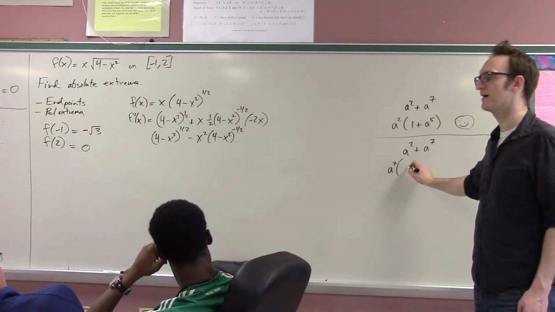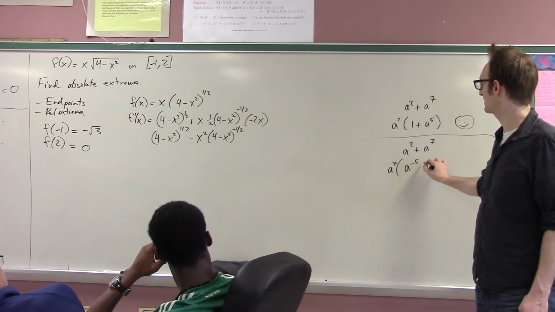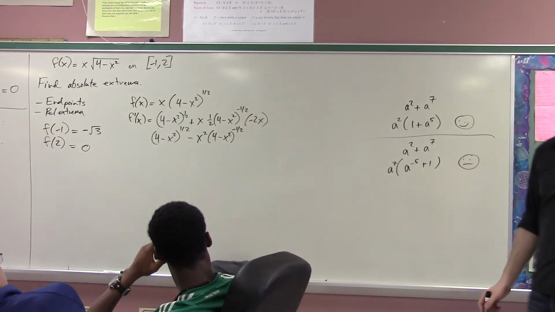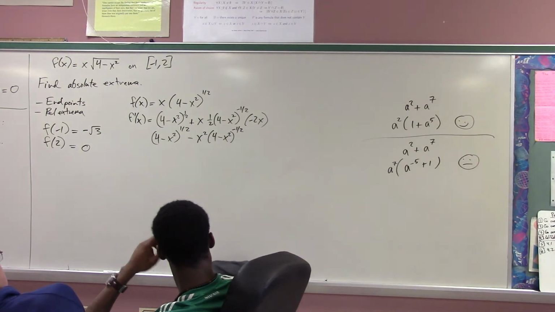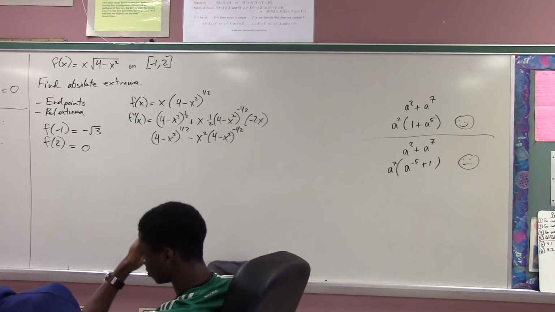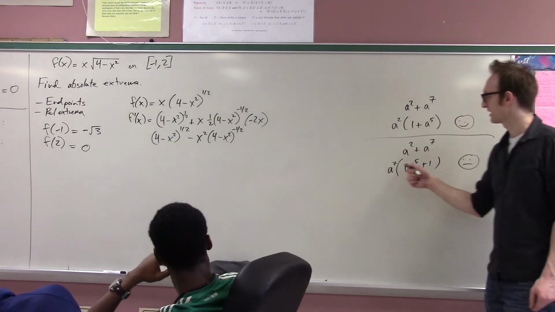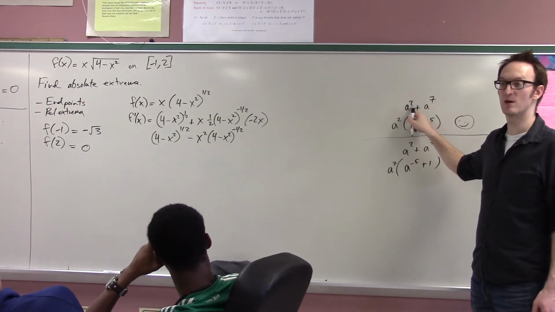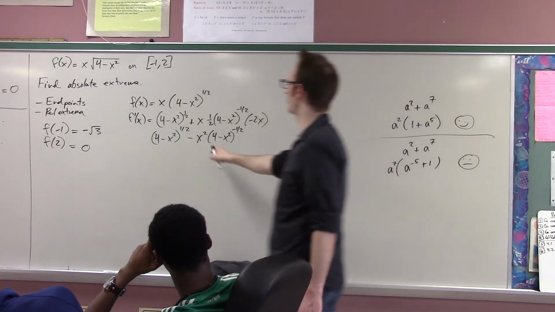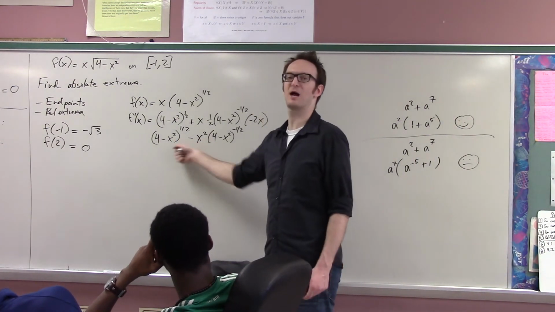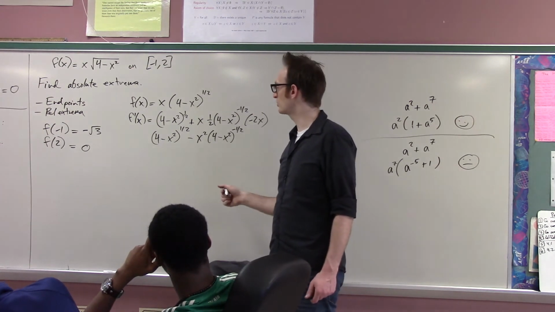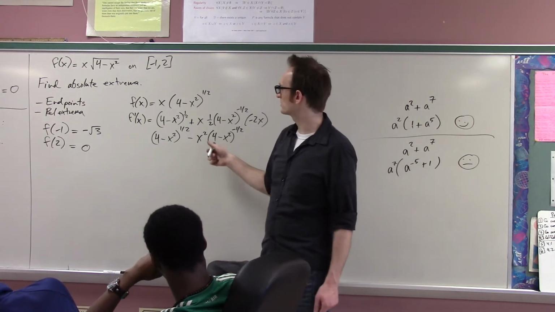Then I would have a to the -5th plus 1, and now I'm not really happy because I have negative exponents, and I don't like negative exponents. Moral of the story, if I want positive exponents, I should always factor out the lower of the two numbers.